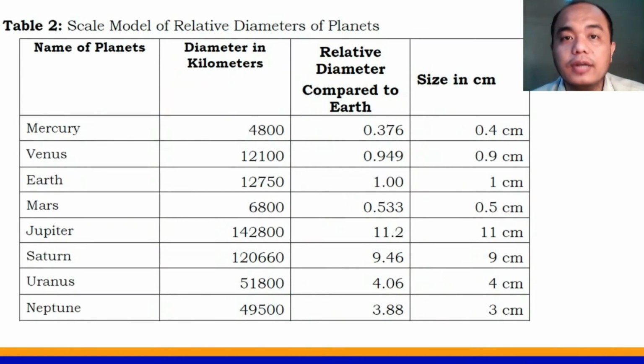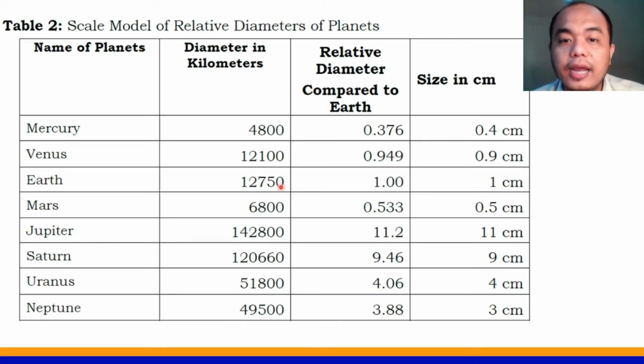Ang table namang ito, class, ang nagpapakita ng mga diameter or sizes ng ating mga planets. Just like here, this is the diameter of our planets in kilometers. Pero, we will use this measure, this relative diameter compared to the Earth. And this is equal to 1 centimeter.